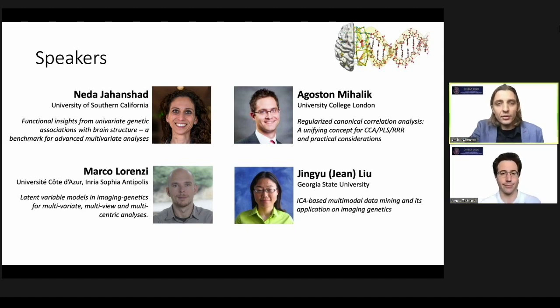And the following 2 talks will dive right into the application of those multi-view methods to imaging genetics analysis. And the 3rd talk will be given by Marco Lorenzi from INRIA in Sophia Antipolis. And he will introduce multi-view autoencoders and also talk about federated learning, in which you can conduct this analysis when the data is distributed across different sites.